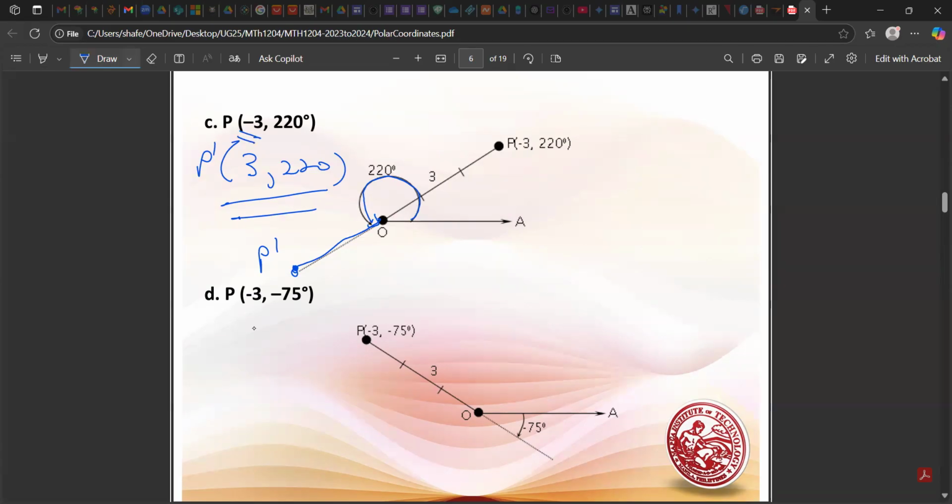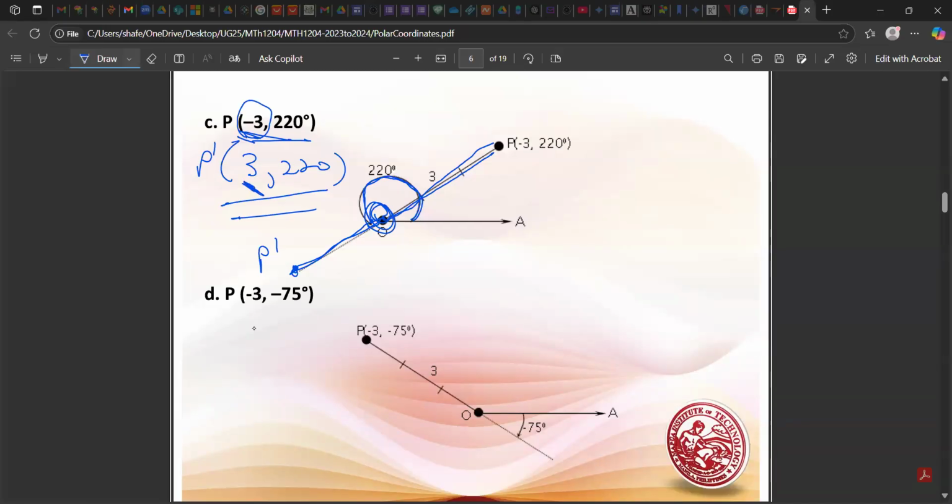So you're not going to measure from the origin here, and extend the line, making 220 degrees with your polar axis. No, we're going to go in the opposite direction through the pole here. So maybe if you can't do it in one go, do it when you have positive 3.